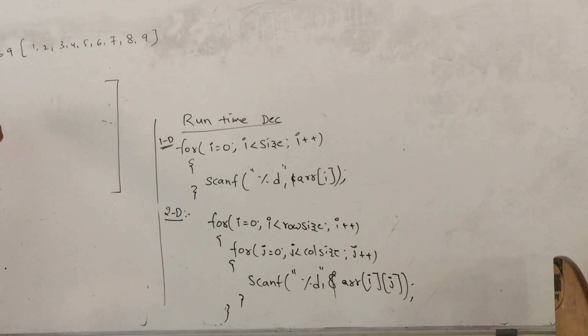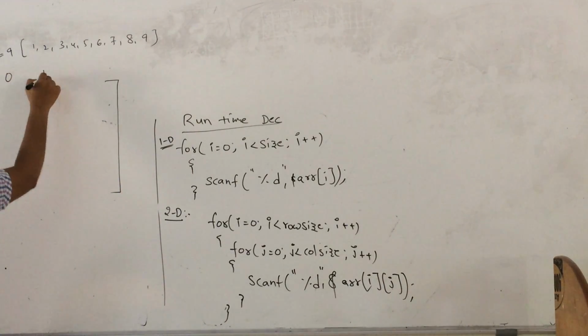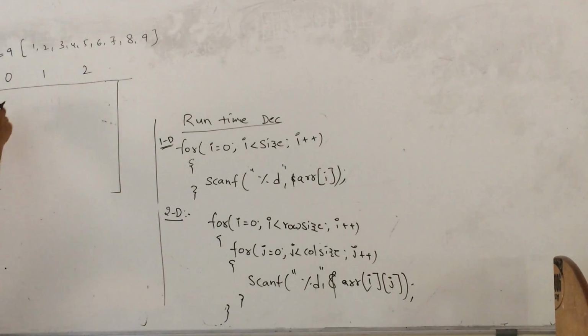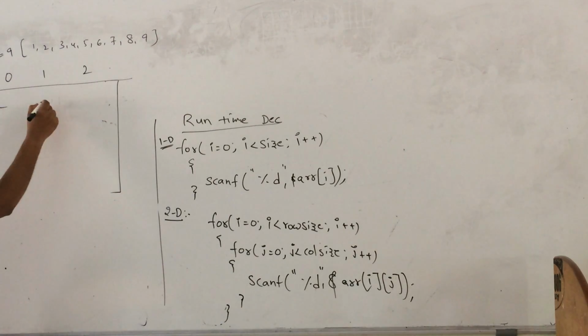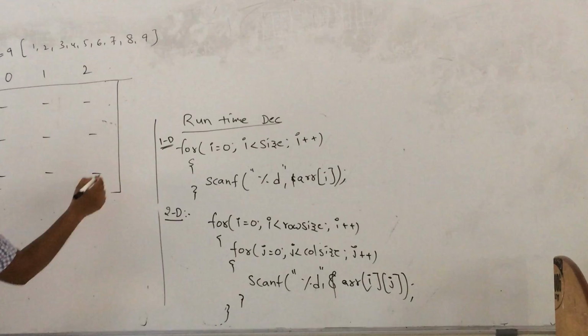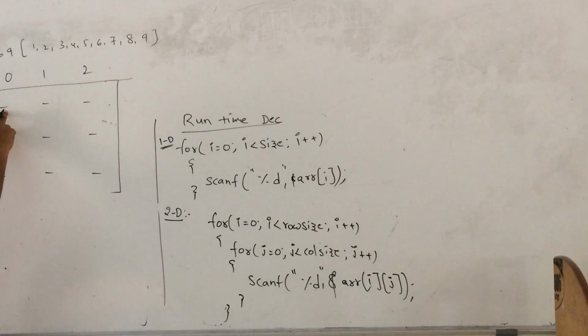In these 3 rows, the subscript must start from 0. So 0th row, first row, second row. Again the columns are also 0th column, first column and second column. So here there are totally 9 elements, and these are the 9 positions of the elements. This position is called 0th row, 0th column, that means the 0, 0 element.